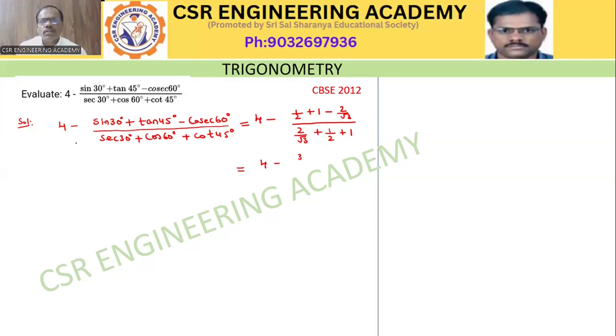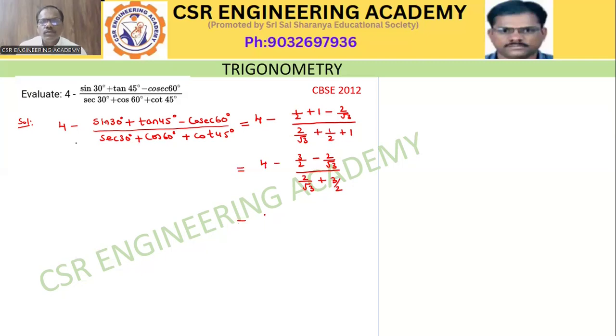This is equal to 3 by 2 minus 2 by root 3, divided by 2 by root 3 plus 1 by 2 plus 1, which is 3 by 2.